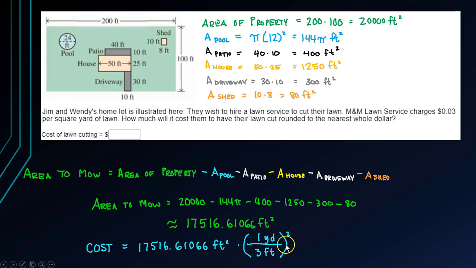At this point, I would have square yards, so to get a dollar amount, I would take $0.03, or 3 cents, over 1 square yard, and that would get rid of the yard squared and leave me with dollars. When I carry out this multiplication, I get about $58.39. When I round that to the nearest whole dollar, that's $58.